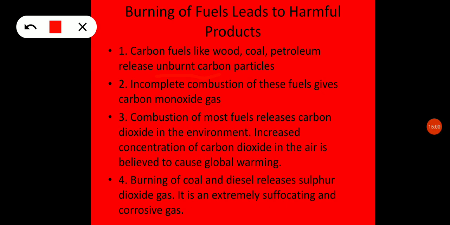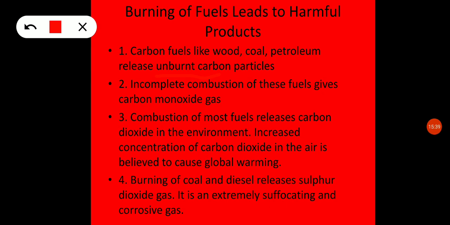These oxides of sulfur and nitrogen will dissolve in the rainwater. So when the rain comes, the sulfur dioxide and nitrogen dioxide gases mix with the rainwater and form acid rain. Okay, so it is very harmful for the crops. You know what are the effects of the acid rain? It will affect the crops and buildings and also the soil. Okay, so these are the effects of burning fuels.